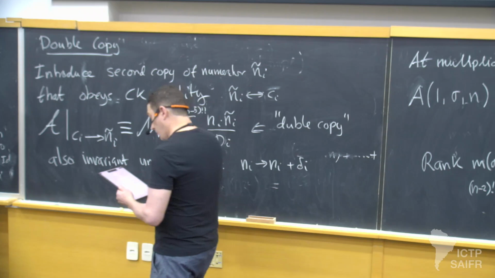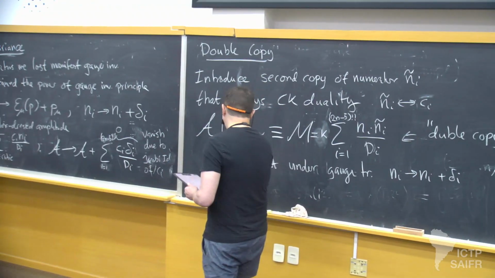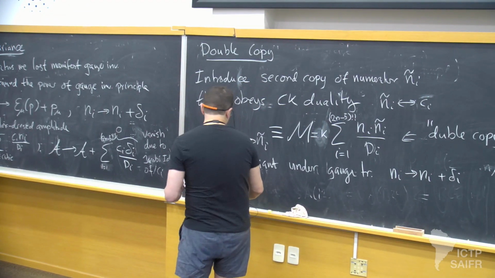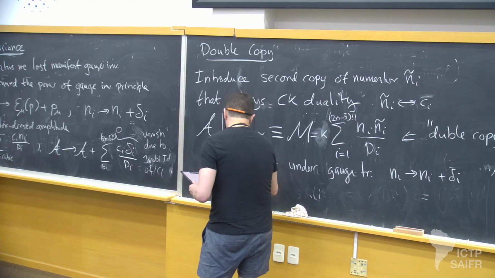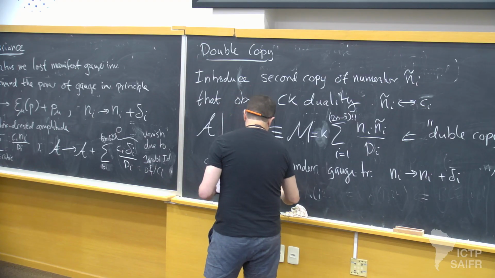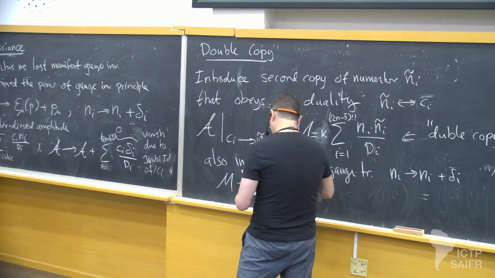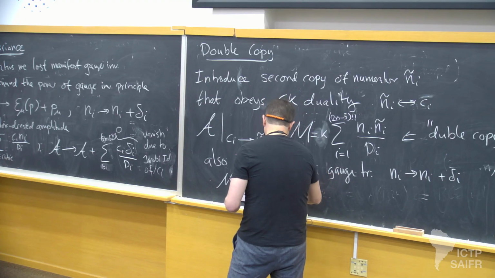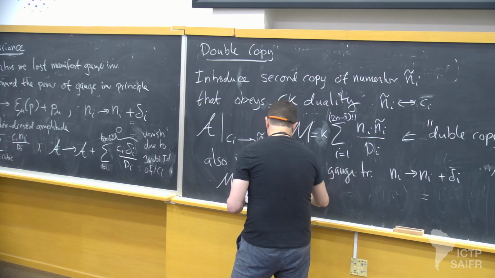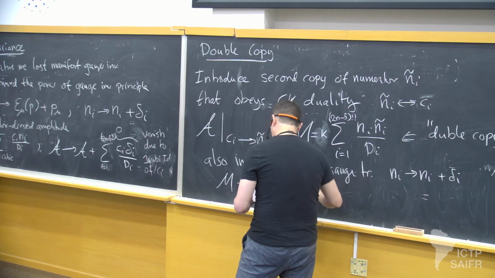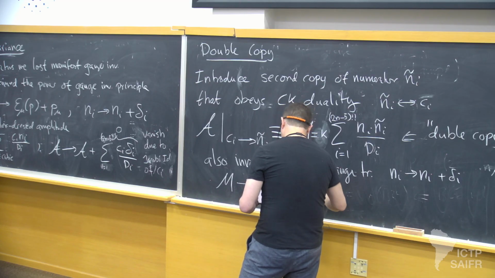And then you can work out that indeed this capital M will transform to itself plus a sum over Ni twiddle delta I over di.